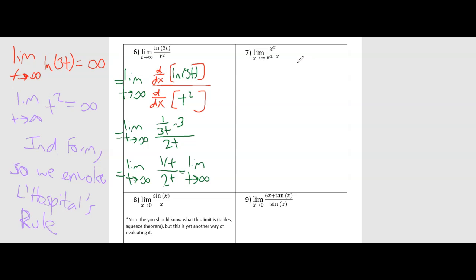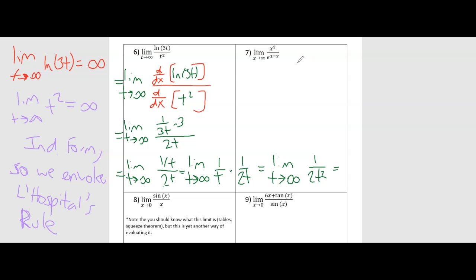I'm just showing you each step of this process, of 1 over t times 1 over 2t, which is equal to the limit as t approaches infinity of 1 over 2t squared.